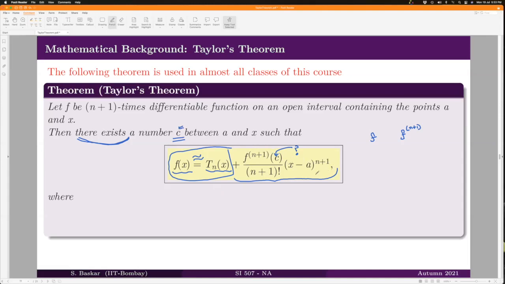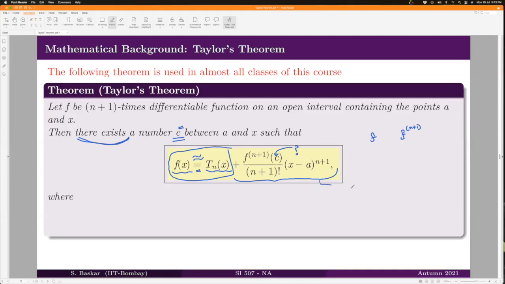Nevertheless, we can give an expression mathematically for what we are losing in this approximation, right? Therefore, the theorem says that f of x is precisely equal to, so this is what is important here, precisely equal to the polynomial plus this term.